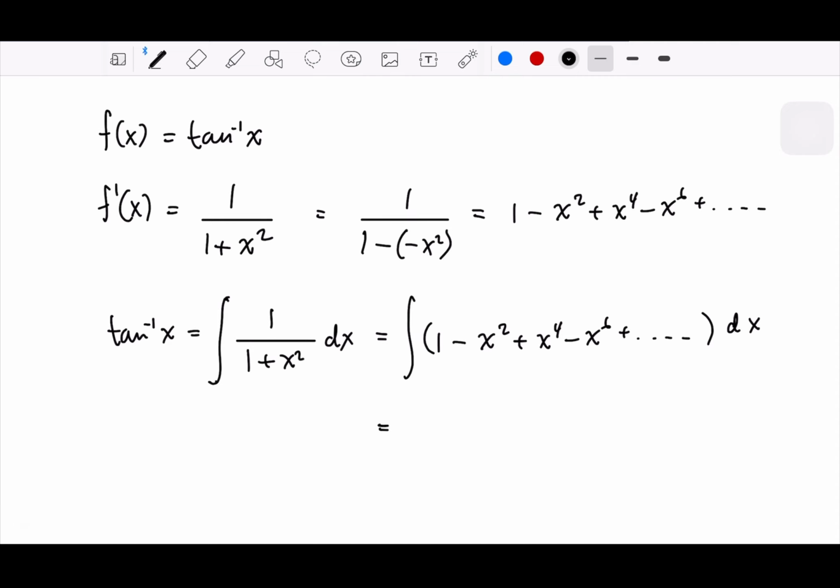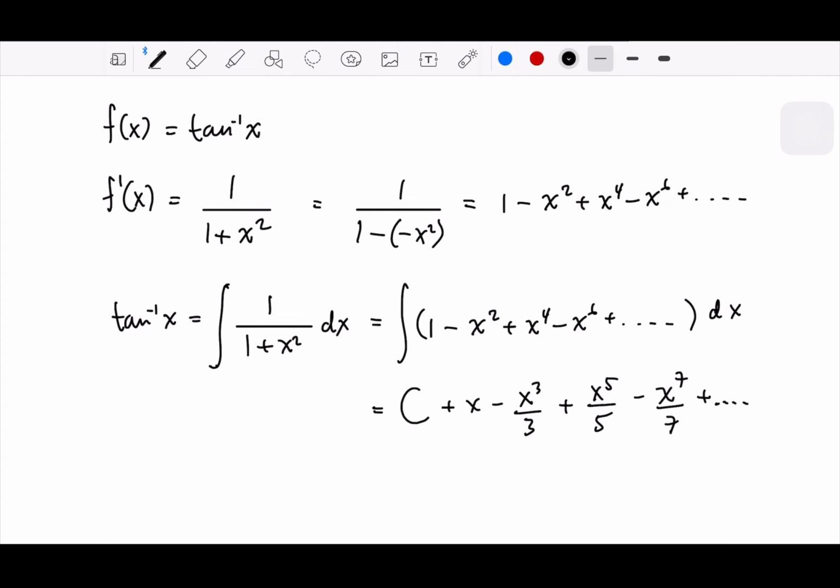So this will result in, let me write the constant in the front, plus x minus x cubed plus x^5 minus x^7 plus dot dot dot. And similarly, we need to find and configure the constant that we get from integration.